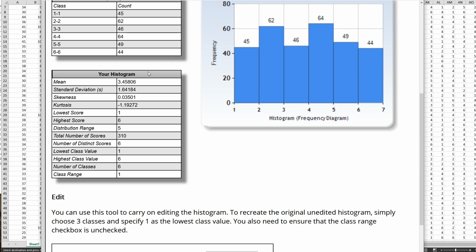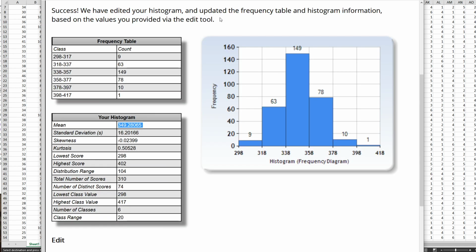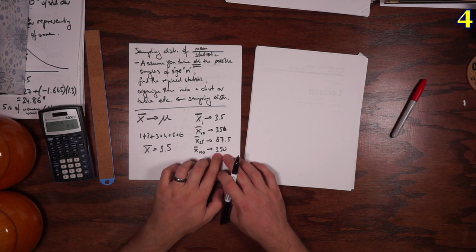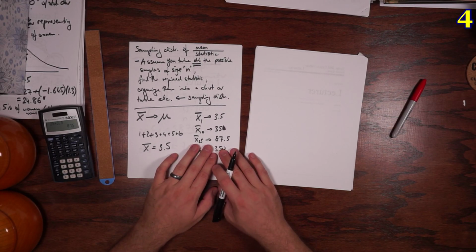We would expect about 3.5 per die. So if you have 100 dice, we would expect 350 as a sum of it. And we got 349.28. And if I kept on going and going, eventually this number would be very close to this 350 that we established here.